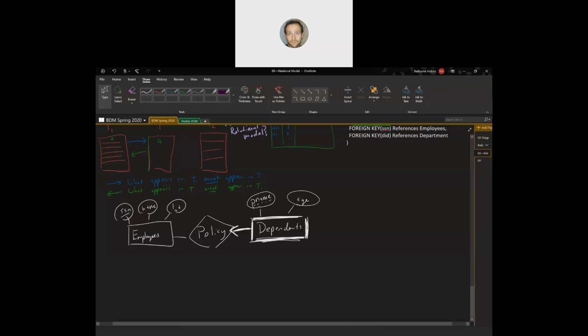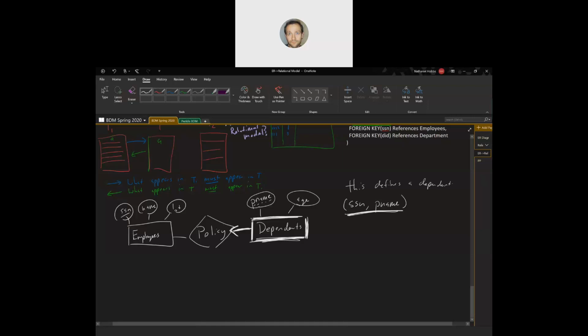So in this example, there might be an insurance policy. You have two employees, each of which has a daughter, Sarah, and this is fine because even though both of their names are Sarah, the social security numbers of their parents will be different, and so it is this combination that uniquely defines a dependent.